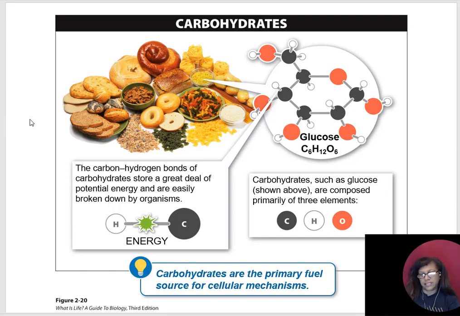And that's because we can get down to this little molecule that you're going to become very familiar with, which is glucose. And glucose has the molecular formula of C6H12O6. That means that there's 6 carbons, 12 hydrogens, and 6 oxygens. Okay? And this is the molecular configuration of glucose.